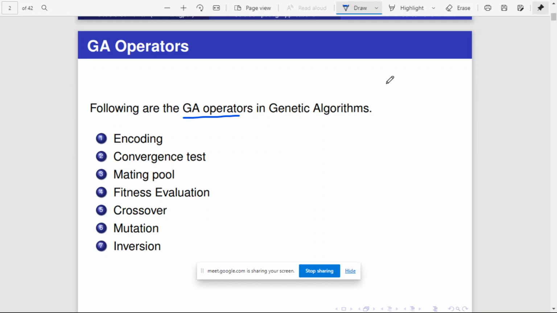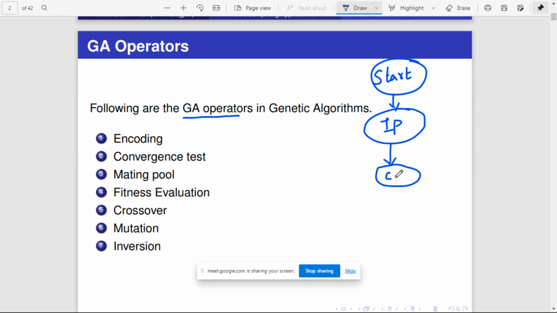If you want to represent a simple genetic algorithm, I can say like this: start, then identify the individual population. I am calling it IP, individual population. Then from this you pick up the one with the best fitness score, and then check whether the convergence is met or not.